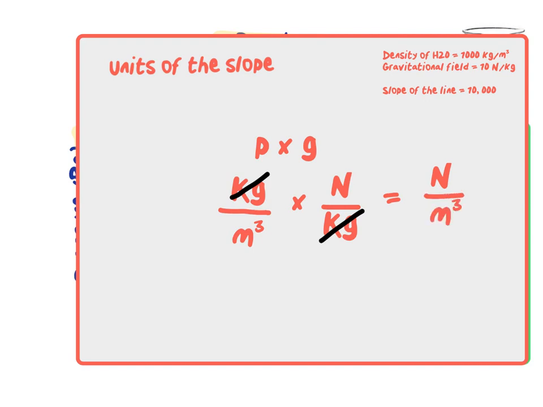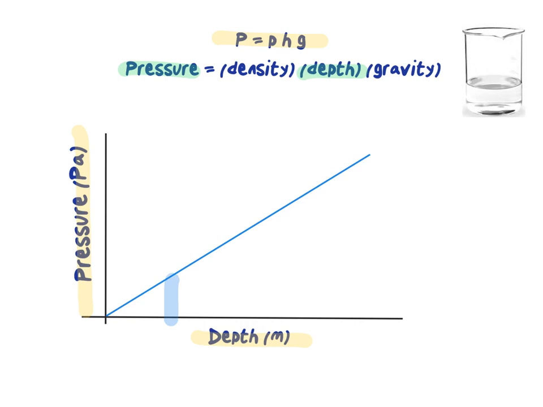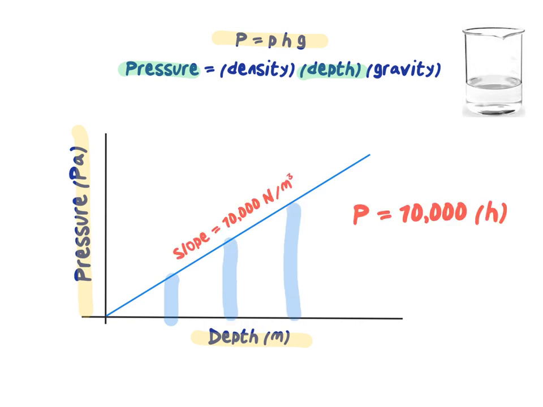Now that's not exactly a pressure unit, but once I multiply the slope times h, which is the independent variable, a meter, we see that a meter will cancel, and I'll be left with newtons per meter squared, which is a Pascal. So each meter that I go below the surface of the water, the pressure increases by 10,000 pascals, or 10,000 newtons per meter squared.